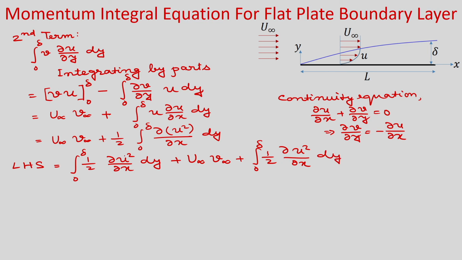So, you can see this is half ∂u²/∂x and this is also half ∂u²/∂x. So, together we get integral 0 to delta ∂u²/∂x dy plus u infinity v infinity. So, now we need to find what is v infinity, that means v at y is equal to delta.